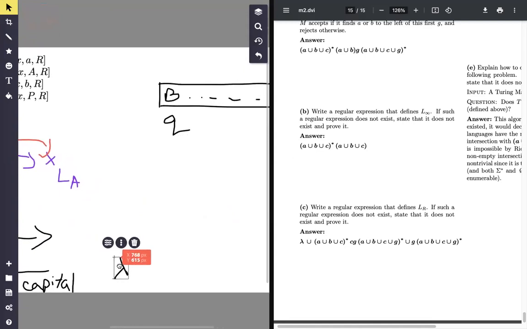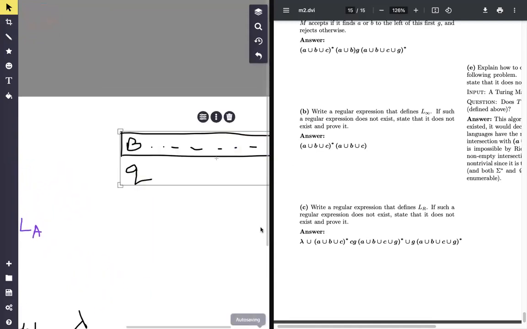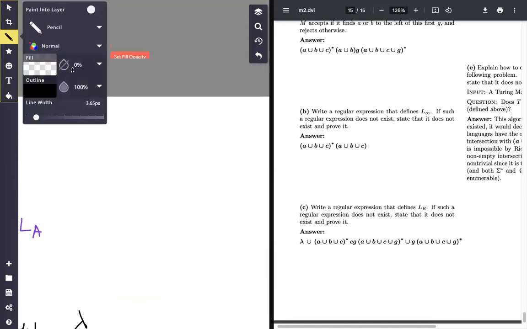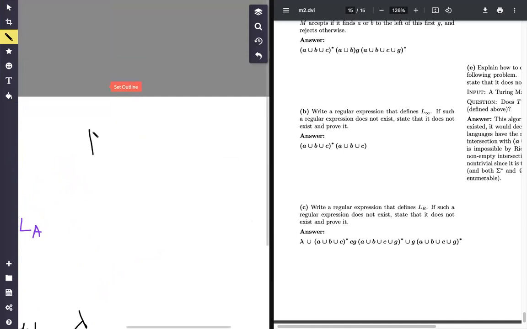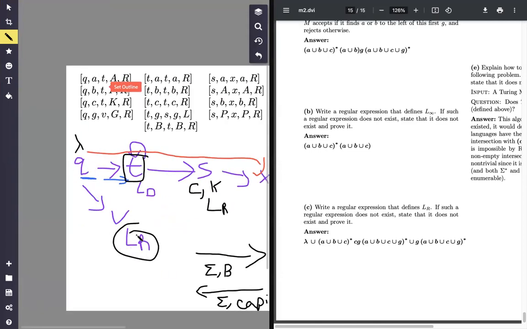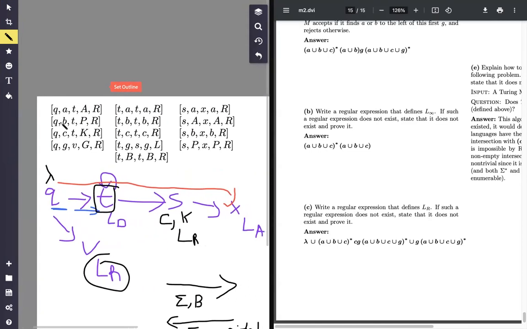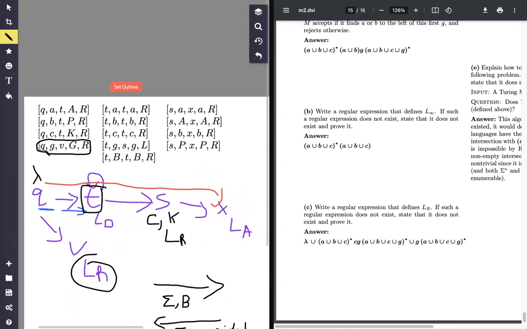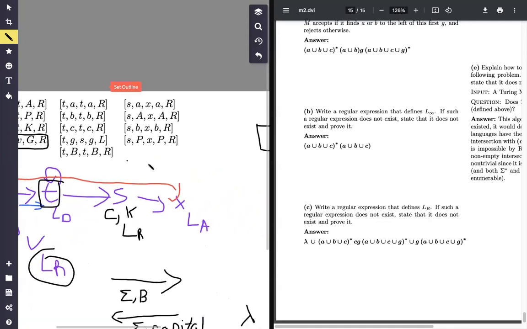Now let's try to reject on state V. So we need to go from Q to V. In order to go from Q to V, I need to do this transition. This transition says if I'm in state Q and I see a G, go to state V, turn it to a capital G, and move right.